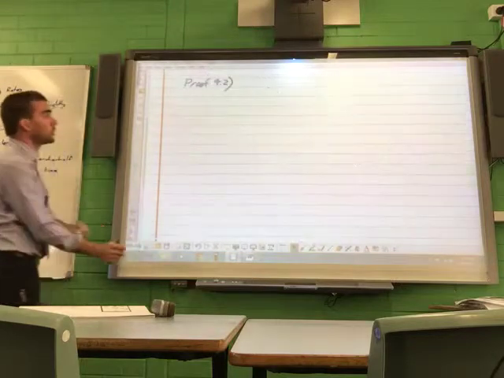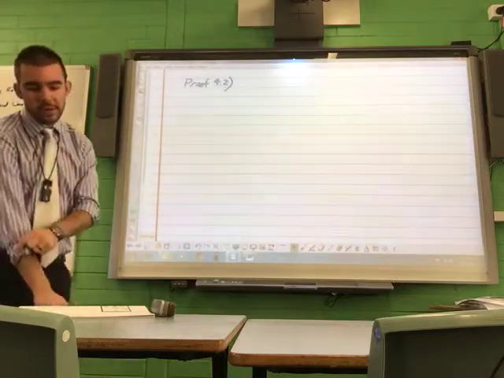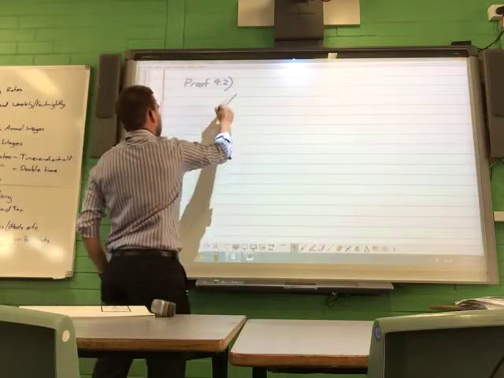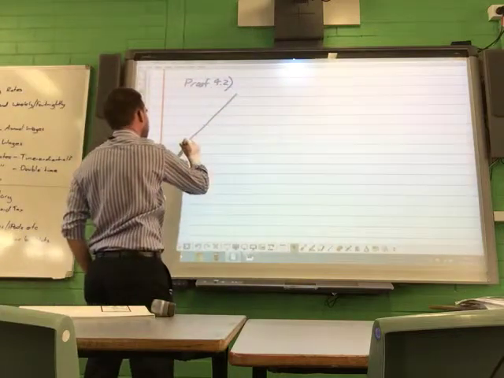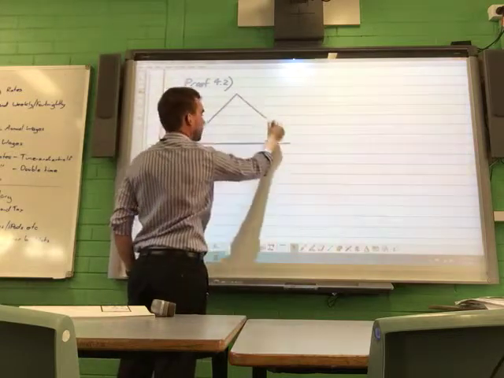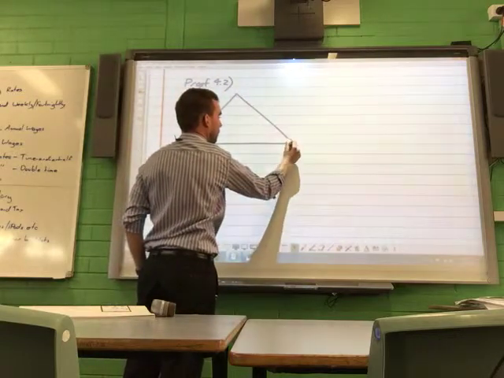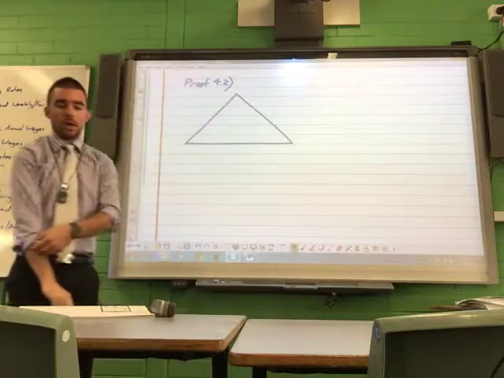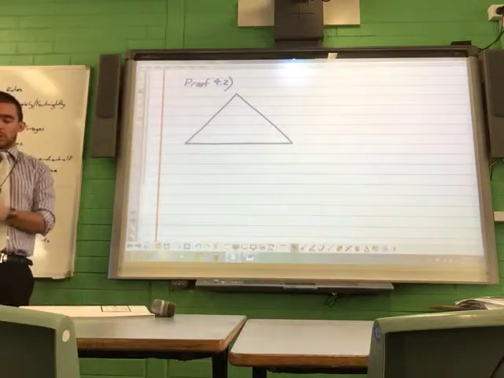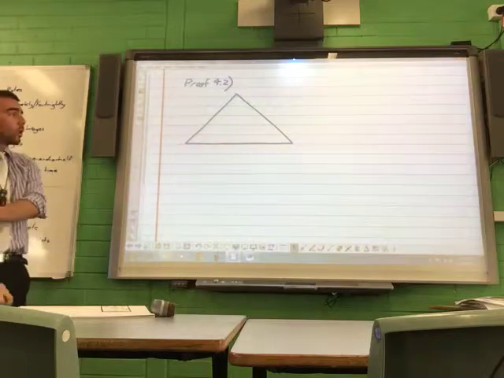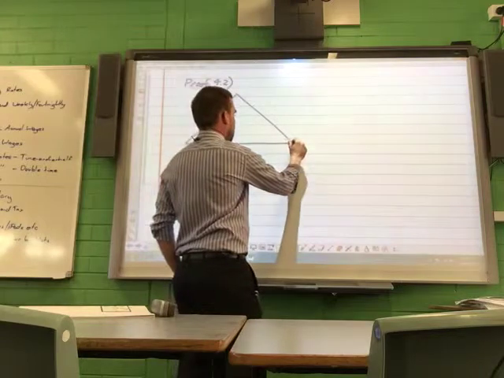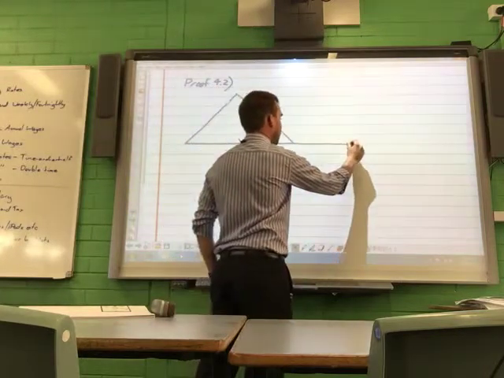Right, doing the second proof there, 4.2. Let's draw another triangle. When we talk about the exterior angle of a triangle, what that means is we extend one of the sides out further than the vertex, I'm going to do that base there.